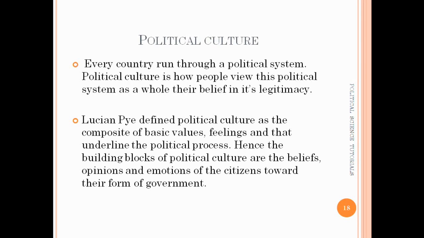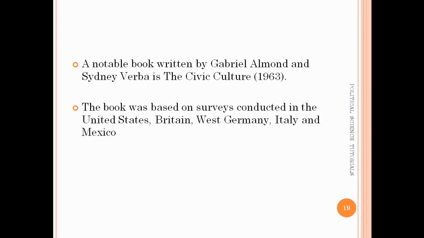Lucian Pye defined it briefly as the composite of basic values, feelings, and knowledge that underlie the political process. So the building blocks of political culture are the beliefs, opinions, and emotions of the citizens toward their form of government.